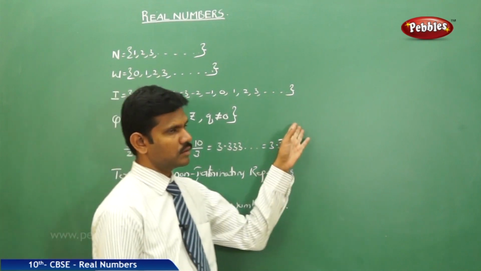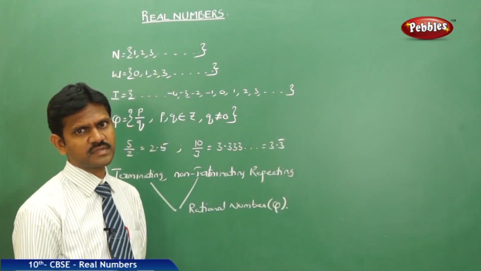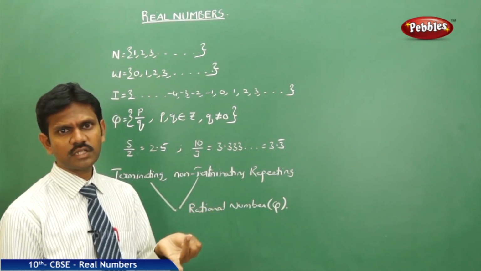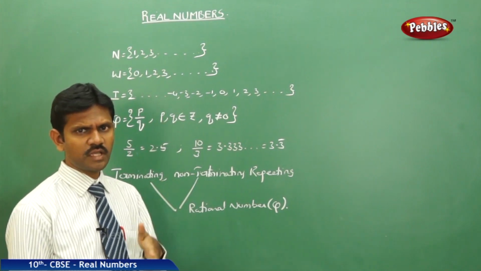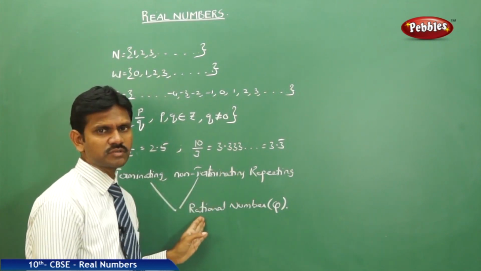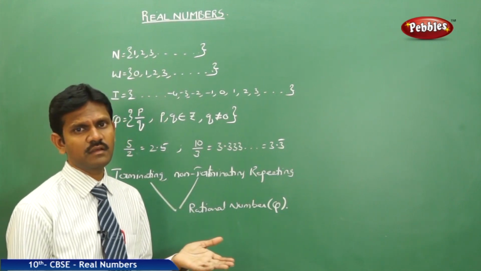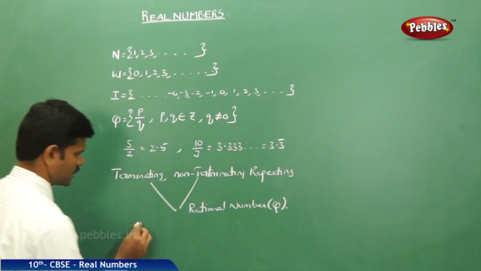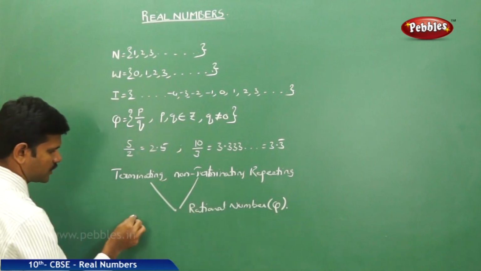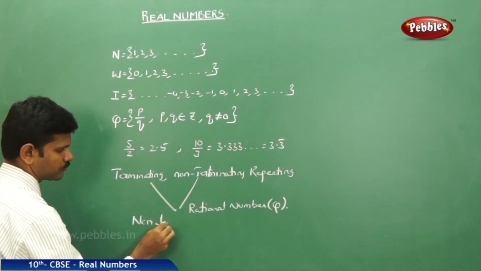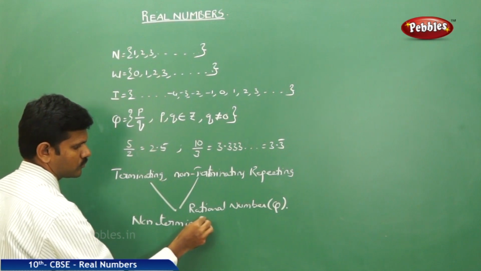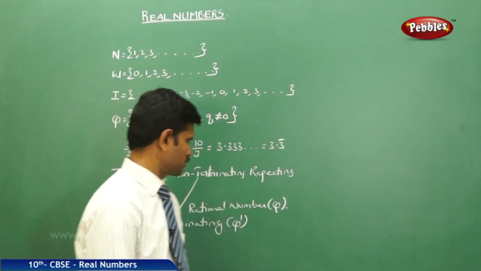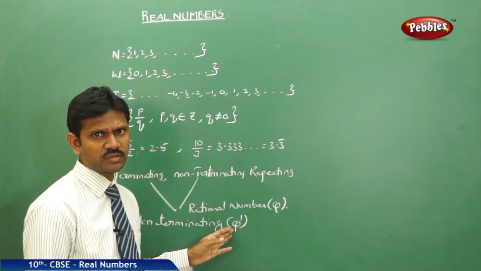Then one more thing: decimals are of 3 types. Number 1, terminating; number 2, non-terminating repeating; number 3, non-terminating non-repeating. Among the 3, 2 are rational numbers. Then what about the third one? It is called irrational numbers. Non-terminating non-repeating decimals are denoted with Q dash, that is, irrational numbers.